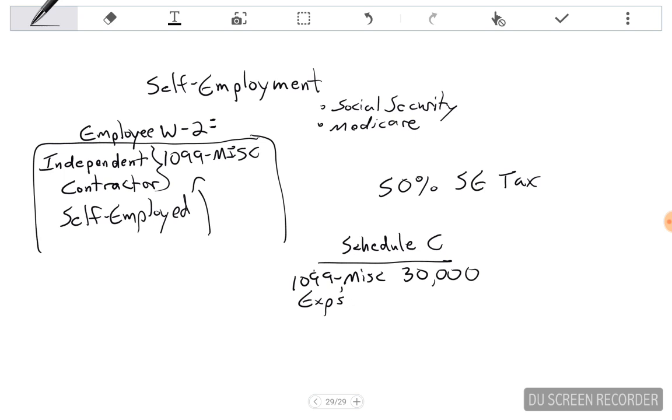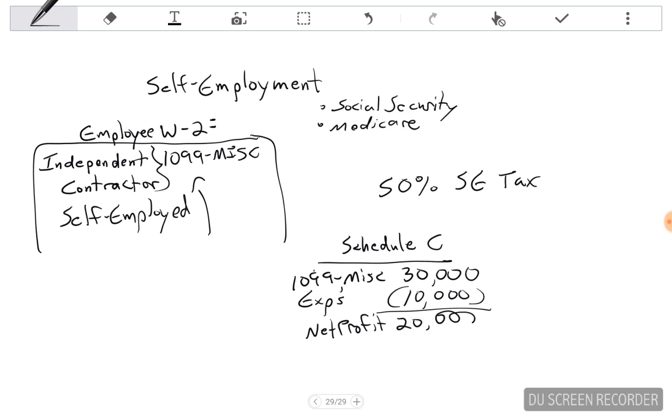Let's say I had to drive around to a lot of different job sites, so I took mileage in my vehicle. I had to buy some tools to work with that my employer wouldn't provide, but they required. So let's say I had $10,000 in qualifying expenses.